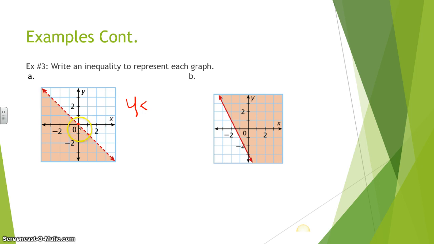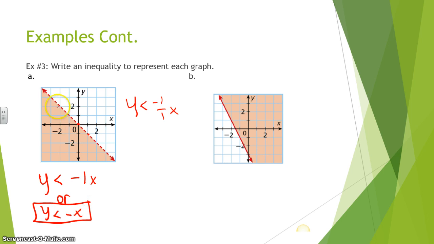Now my slope is -1, times x, and I'm not given a b, or a y-intercept because I start at the origin 0, 0. So I can simplify this equation to be y is less than -1x, or you could call it y is less than -x. And that equation would represent this line.